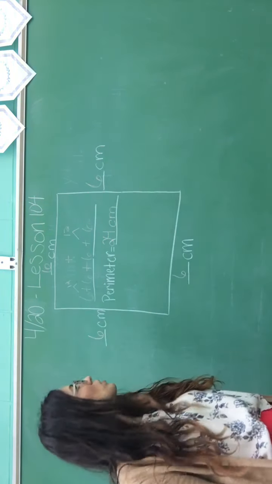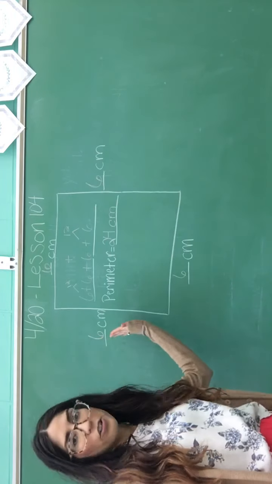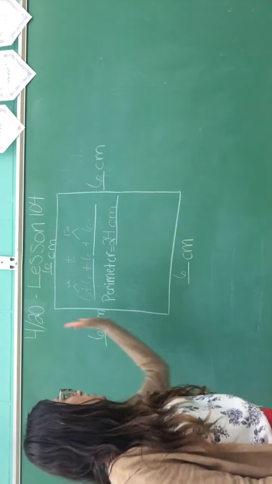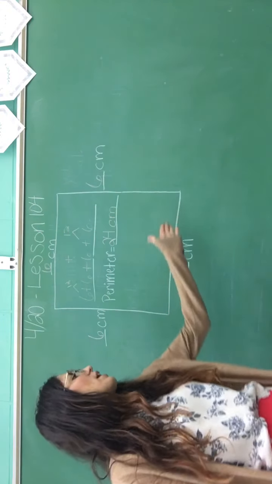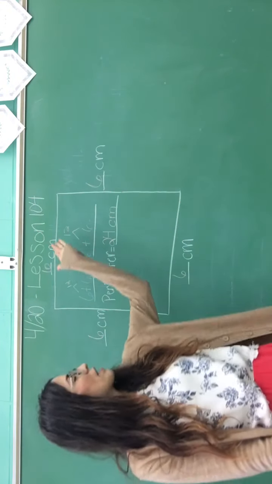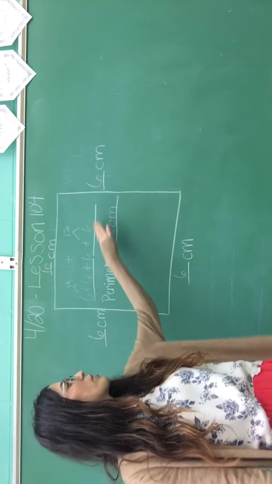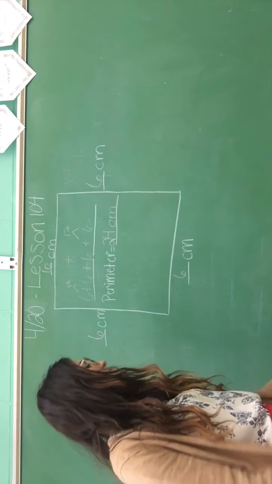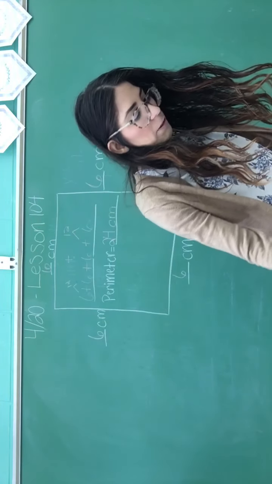Okay? So you would measure your side, then you would add each side together. Since this is 4 sides, we would add this number plus that number plus that number plus that number, which we did, and then we equaled our perimeter, which is 24 centimeters, okay? So hopefully that looked easy to you, but we are going to do another example.